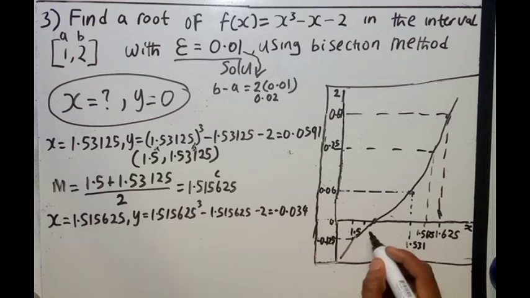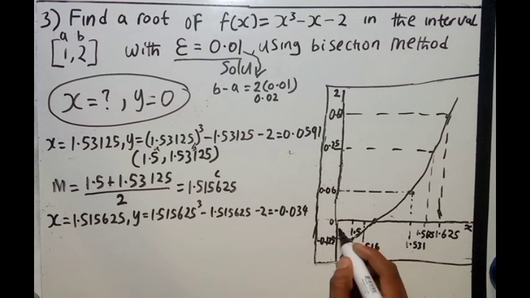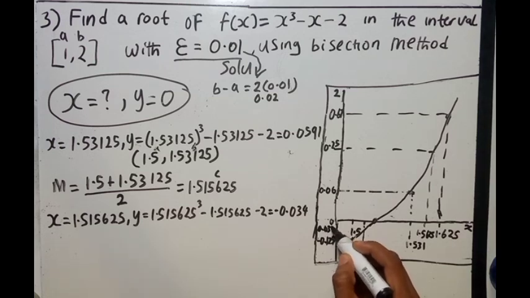This value will have to be our 1.516. That's going to be where it lies. And y's corresponding value is 0.034. So we're going to be changing 1.5.